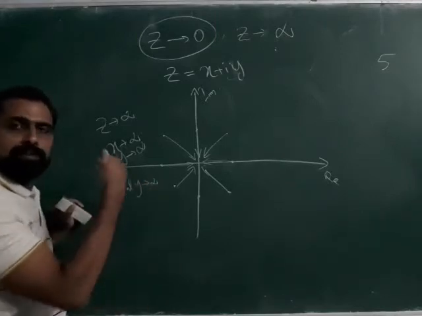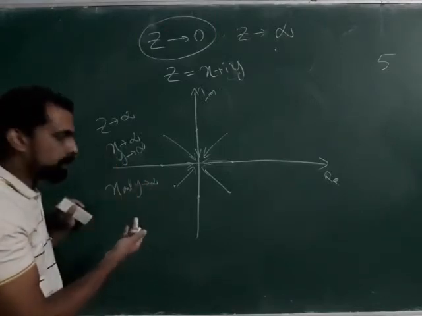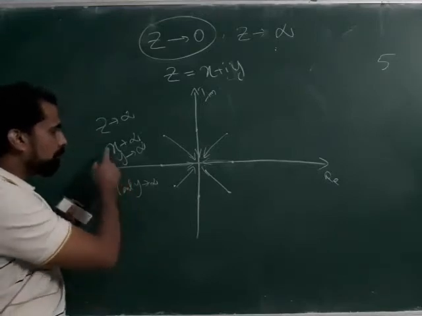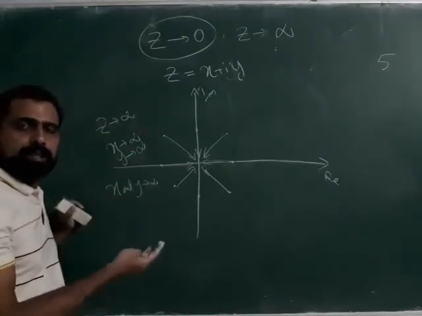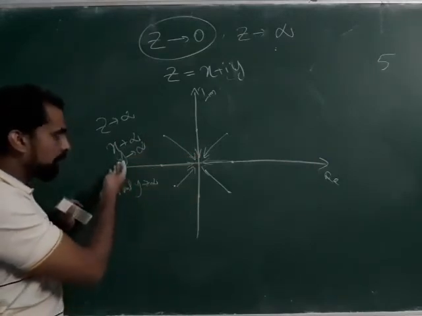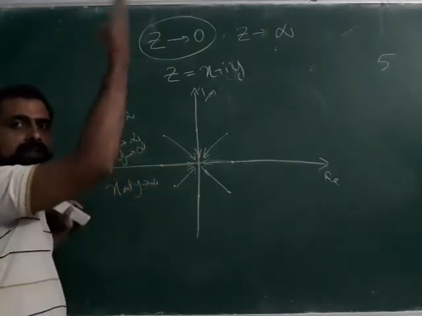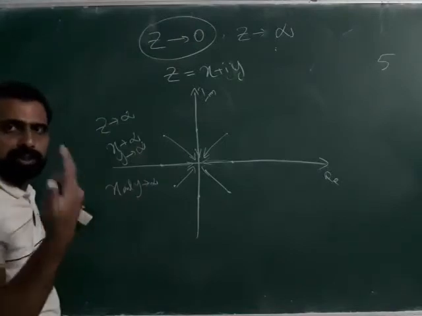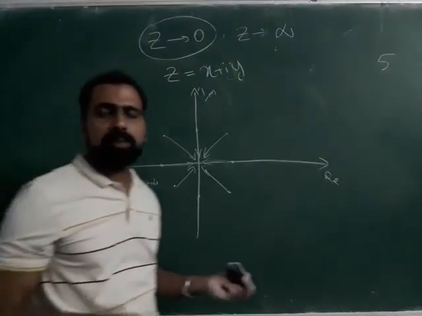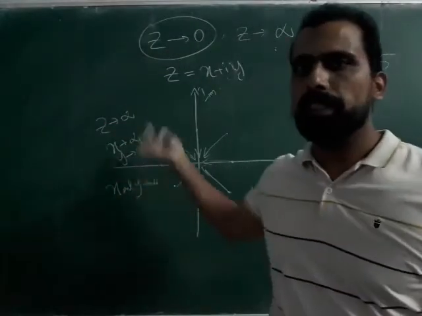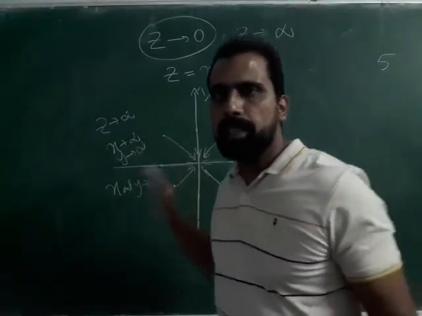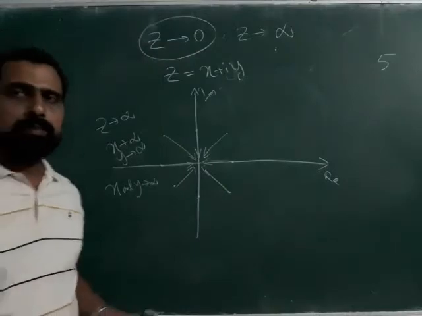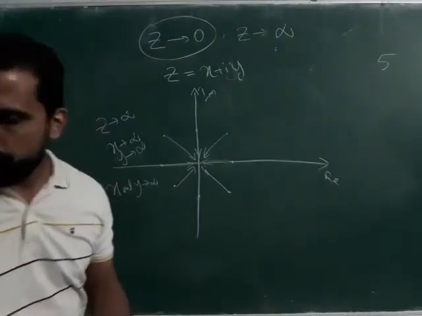So there are different possibilities. It may be by x tending to infinity, your real part is going to infinity, or it may be purely by your imaginary part going to infinity, or both are going to infinity. Then there are so many possibilities. How to represent it? That we cannot really represent on this complex plane. So the thing is more complex.